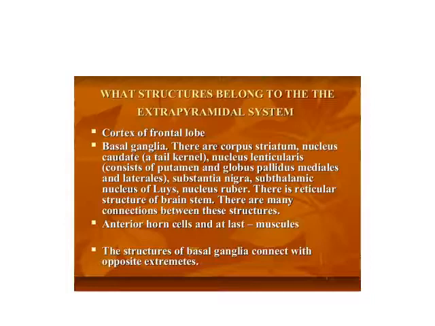There is the reticular formation of the brainstem with many connections between these structures. The anterior horn cells and at last the muscles. The structures of the basal ganglia connect to the opposite side of the body. So the main structure here of the extrapyramidal system is the basal ganglia.